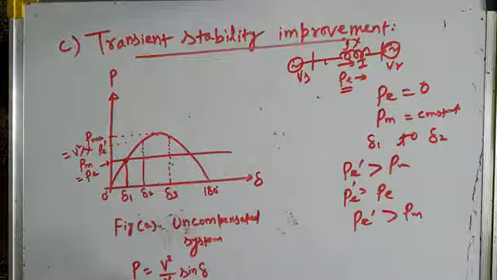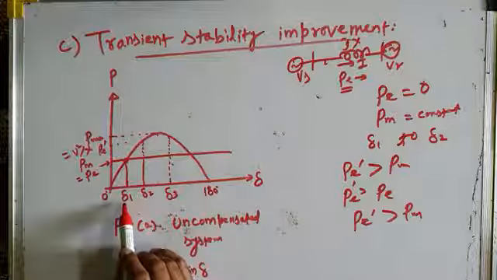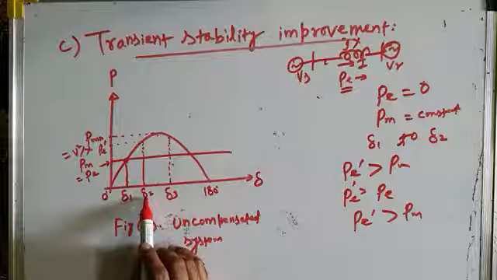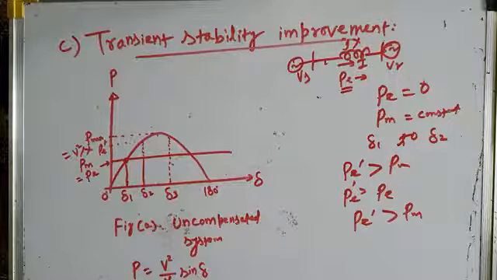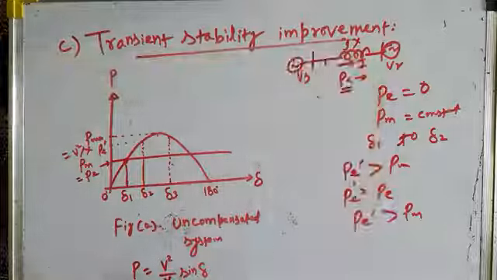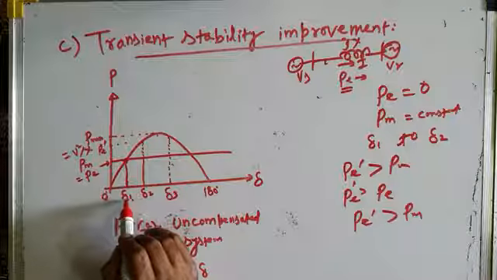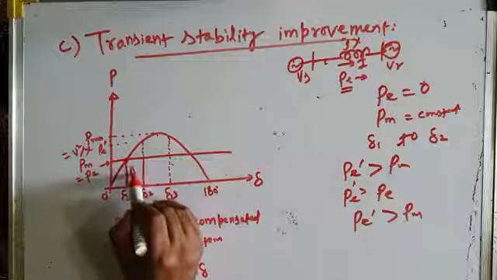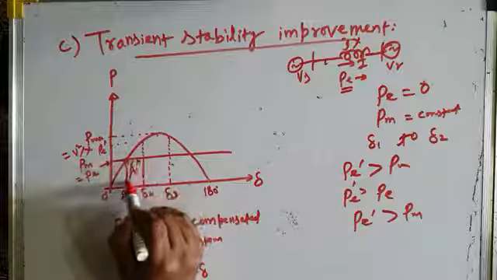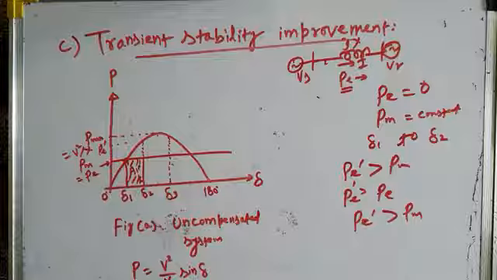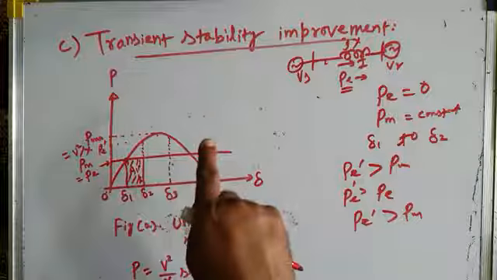Mechanical input is the same. That results in the acceleration of the machine, and the machine accelerates and the transmission angle increases from delta 1 to delta 2. As soon as it becomes delta 2, the fault is cleared and the line is reconnected. Now as the machine accelerates from delta 1 to delta 2, this area A1 represents the kinetic energy stored in the rotating part of the machine, because the machine is accelerating, and it is accelerating because of higher mechanical input, as electrical output is 0.